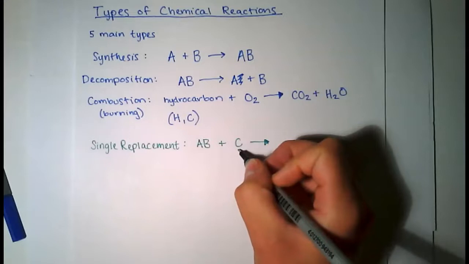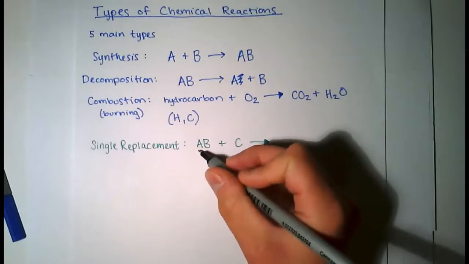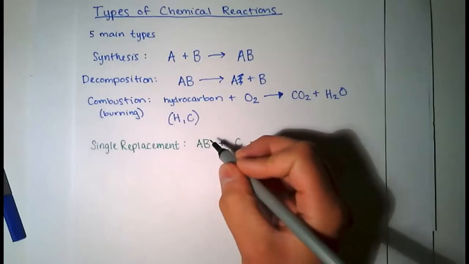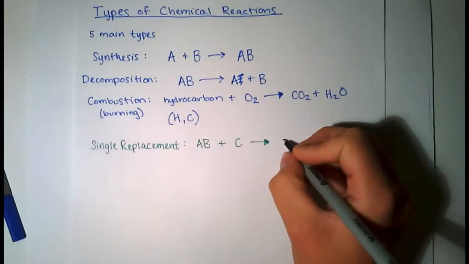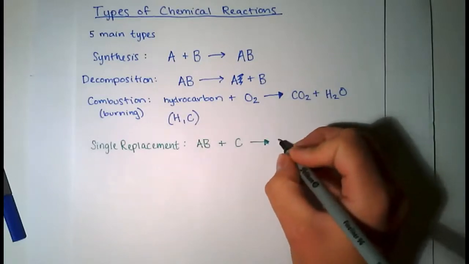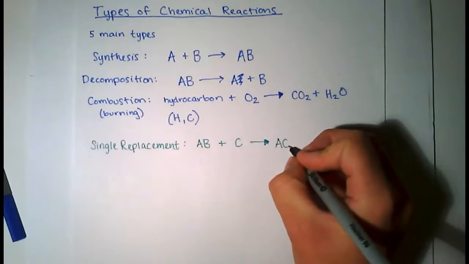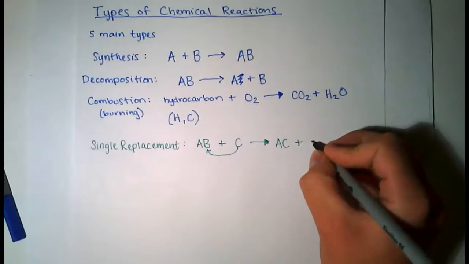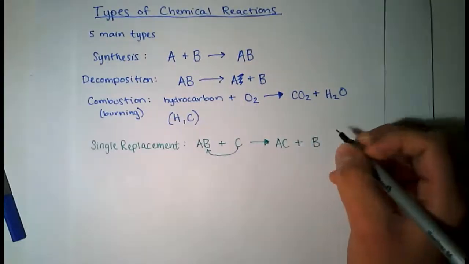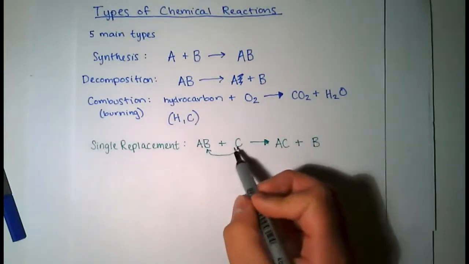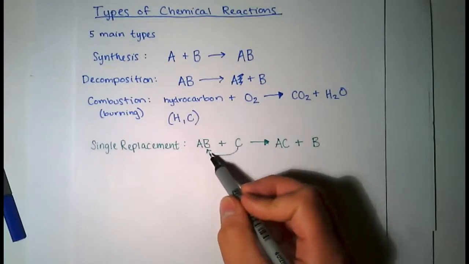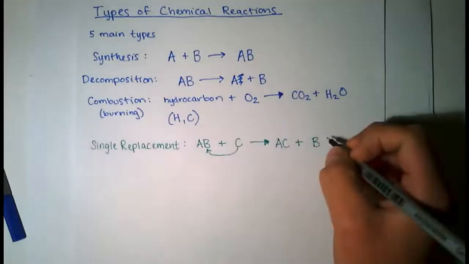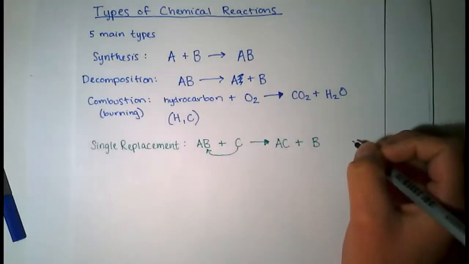So our lone element is going to replace the less reactive element in our compound AB. So our products from this reaction are going to be AC. C has come in and replaced B, kicking B out by itself.